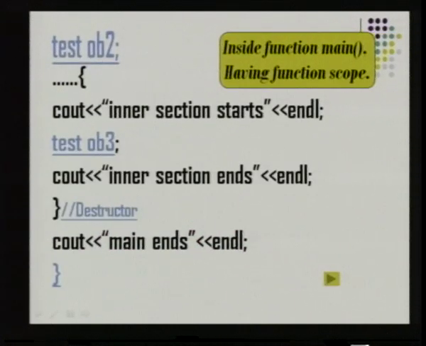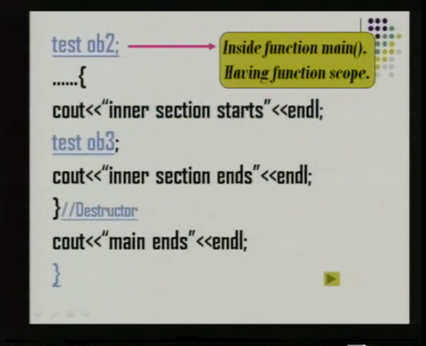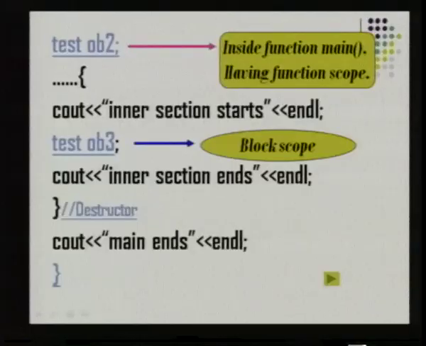Then again another object is created, this is having the function scope. Then some operations are done, then cout in a, this is just some section of the program. Again another object is created which is having the block scope, that is, the scope of this particular object is only in between these 2 statements. Then you are closing the main function and you are closing the entire program.